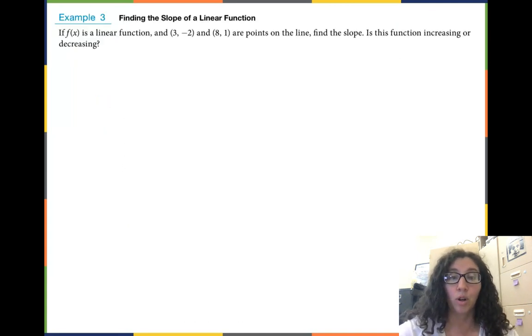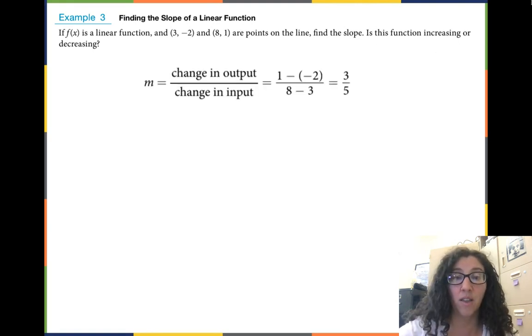Okay, so if we have a linear function and they tell us 2 points and they want us to find the slope and tell us whether this function is increasing or decreasing, you could try it real quick. You could probably even try it just in your head. Pause the video, and then there we go. It's going to be the change in output over the change in input, or y2 minus y1, 1 minus negative 2, over the change in x, 8 minus 3.